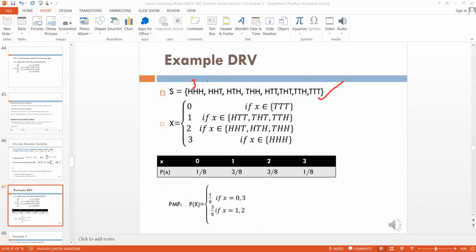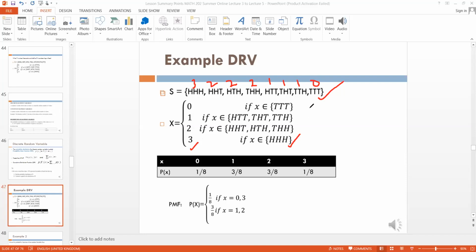So this is 3, this is 2, this is 2, this is 2, this is 1, 1, 1, and then we have 0. So the possible values of the random variable are those, and they are defined over this domain or this set. Very good.